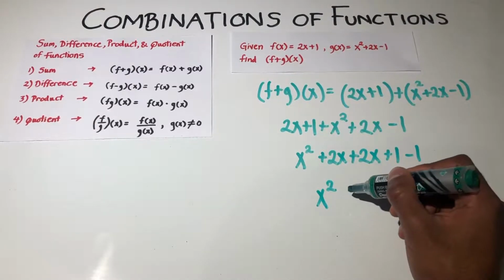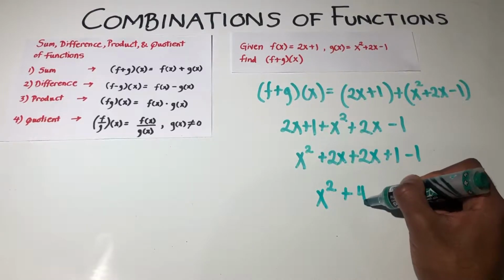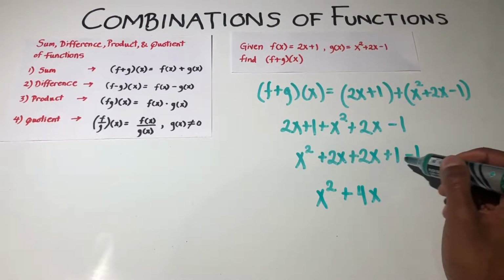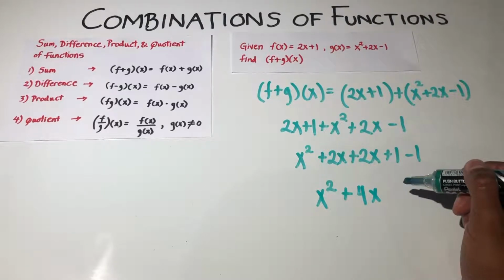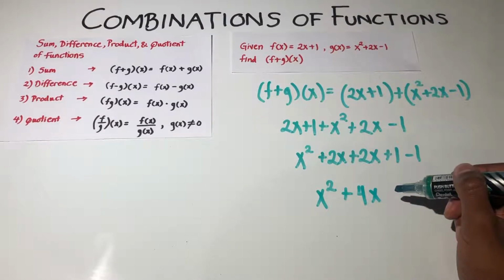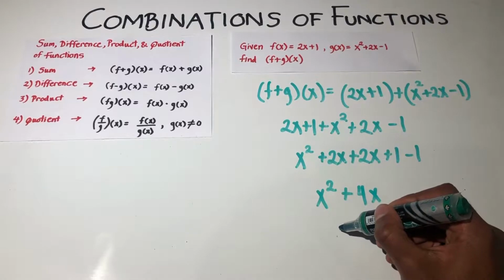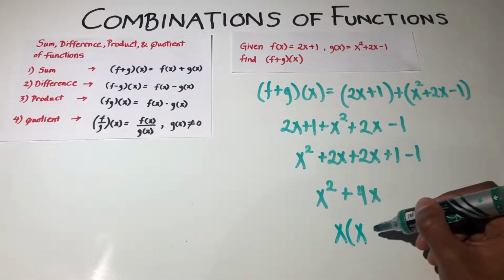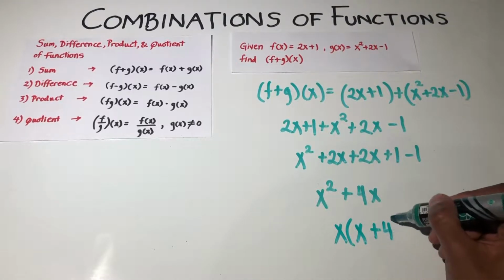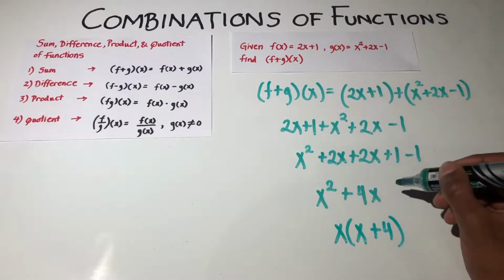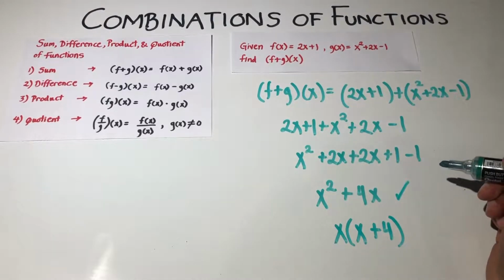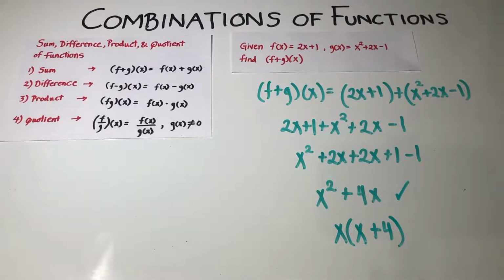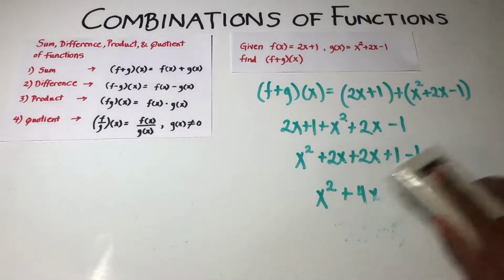We get x squared plus 4x, and then plus 1 and minus 1 is just 0. So you can go ahead and factor that if you like. You can get x outside, and inside the parentheses you're going to get x plus 4. But usually people just stick with this. Let's do the next example.